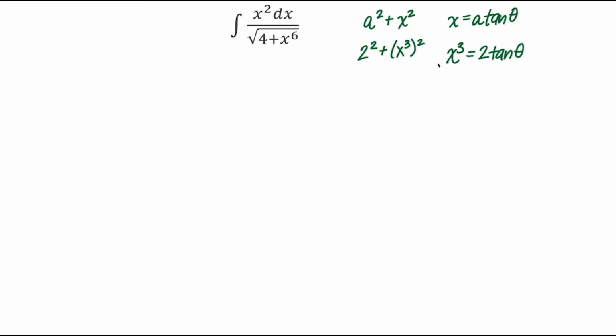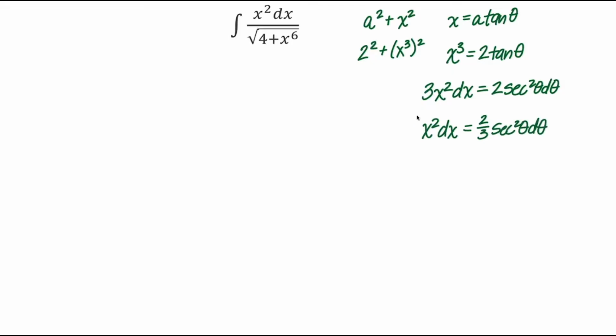So let's go ahead and take the derivative of both sides. So 3x squared dx is 2 secant squared theta d theta. Now here that helps us because we have x squared dx to change into thetas. So we'll just go ahead and divide by 3. So we know x squared dx is 2/3 secant squared theta d theta.